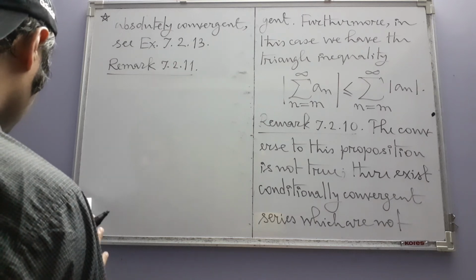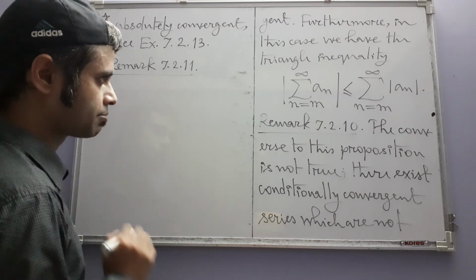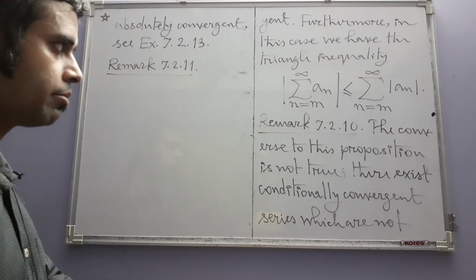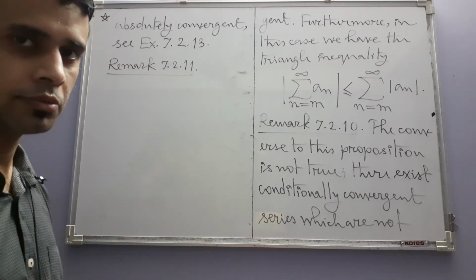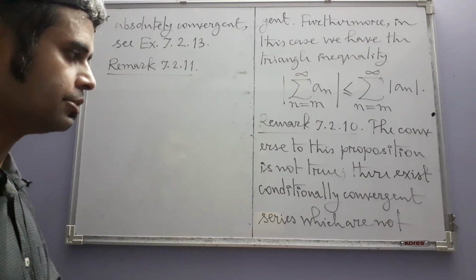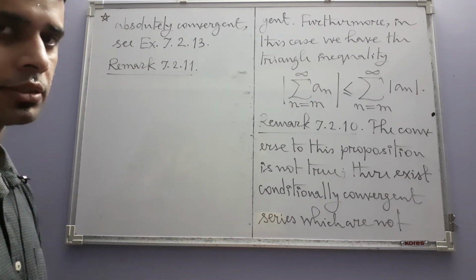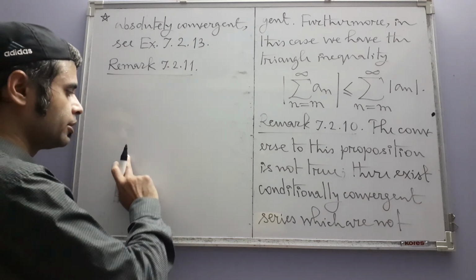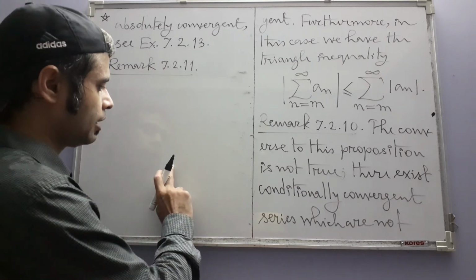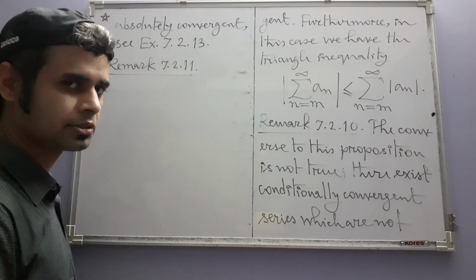In this next remark, we consider the class of conditionally convergent series to include the class of absolutely convergent series. Although we are saying that we are distinguishing between conditional convergence and absolute convergence, that may make you wrongly think that these two notions are disjoint, in the sense that when one happens, the other cannot happen, and vice versa. No, that is not true. Conditional convergence simply means convergence. That's it. Absolute convergence is a special type of convergence. That's the thing.